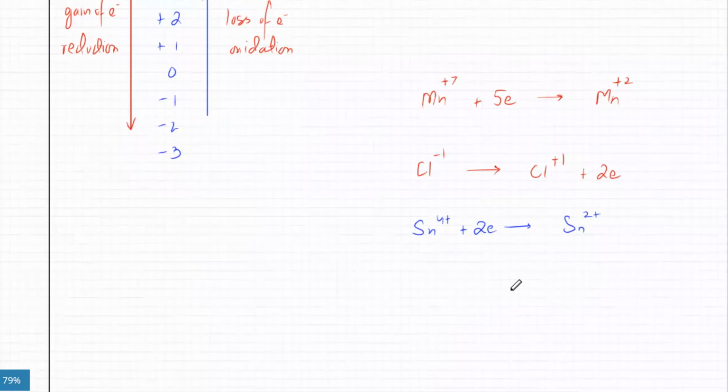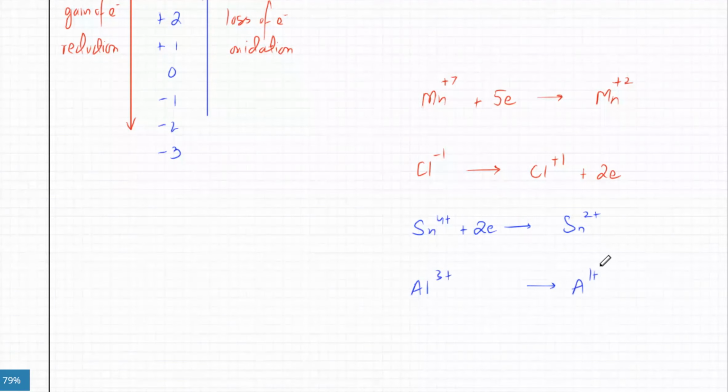Let's do a few more. So what is happening here in this case? Loss of electron. Loss of electrons. What's happening to the charge?